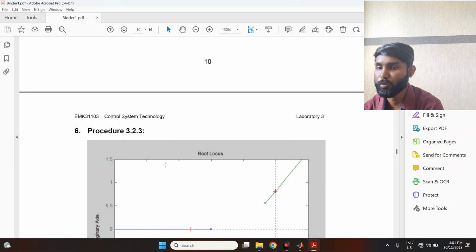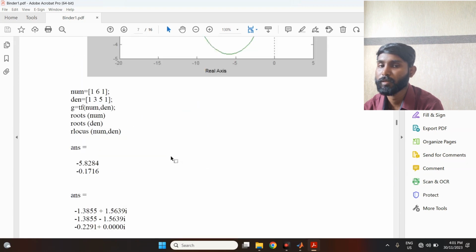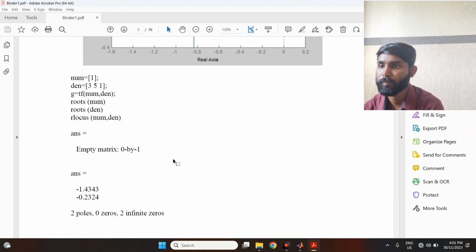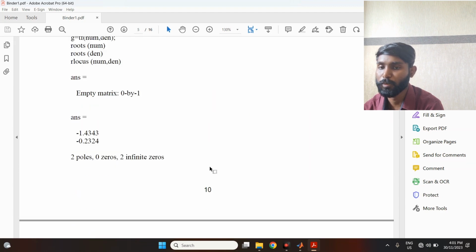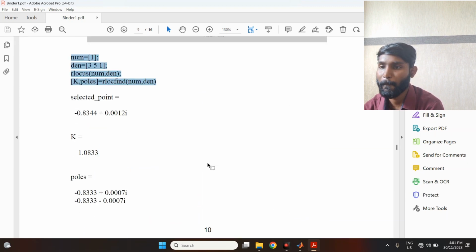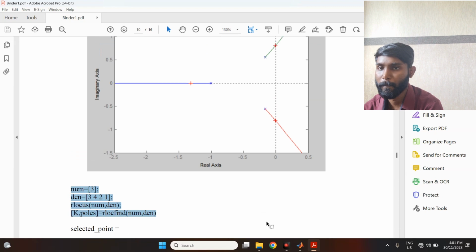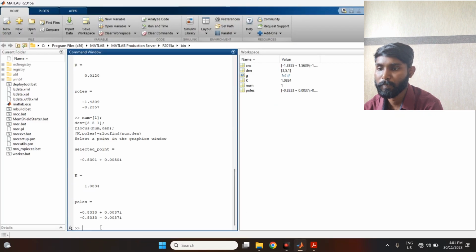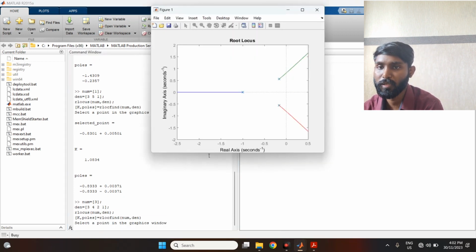For the next one, 3.2.3, the question is this one: the numerator is 3 and the denominator is 3s cubed plus 4s squared plus 2s plus 1. If we convert it into the code, it will look somewhat like this. This is the root locus.